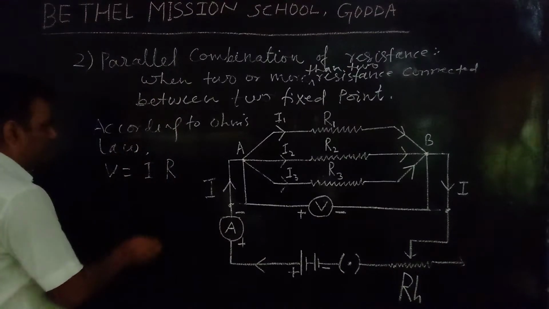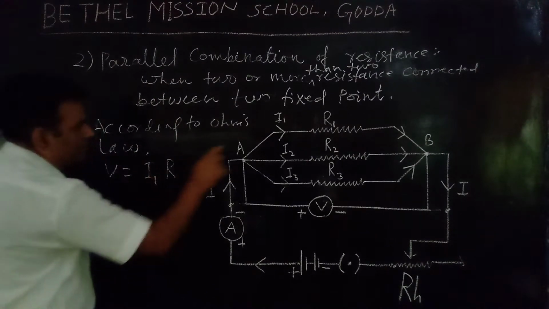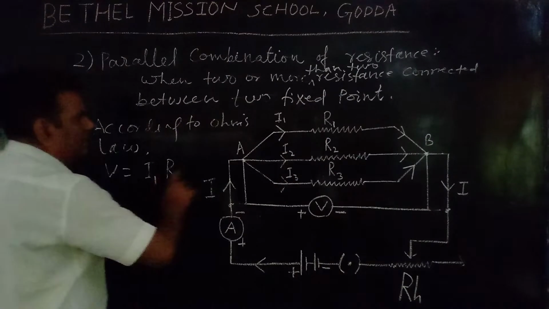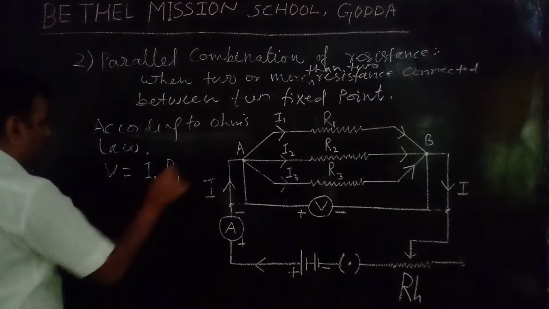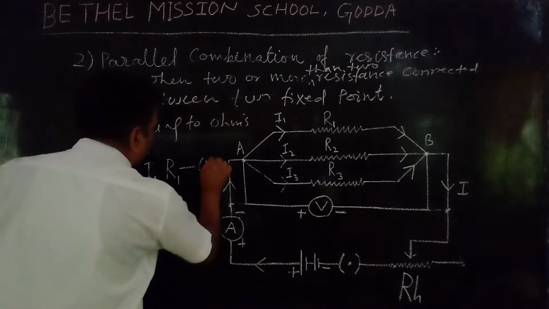So here, V equal to I1 R1, where I1 is the current for the first resistance R1. This is equation 1.